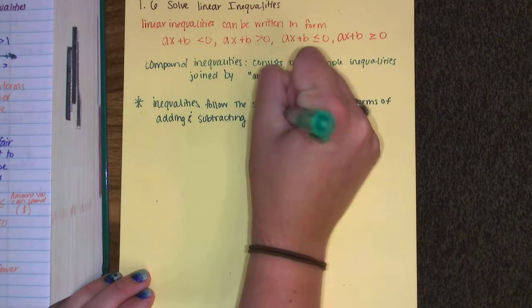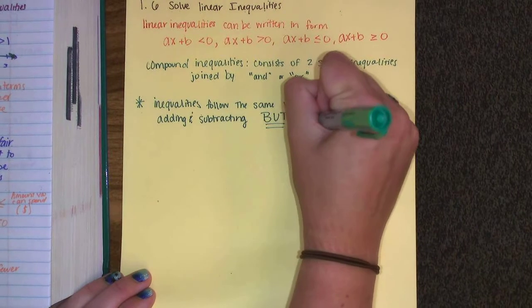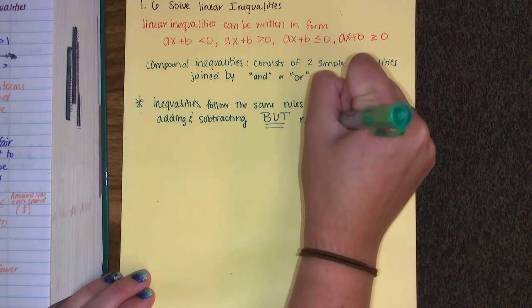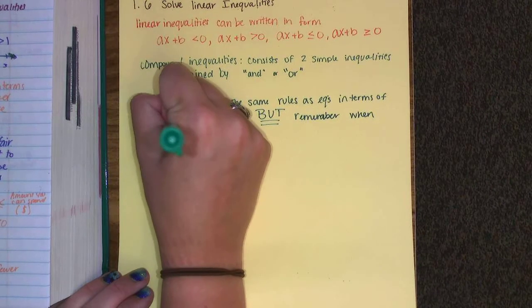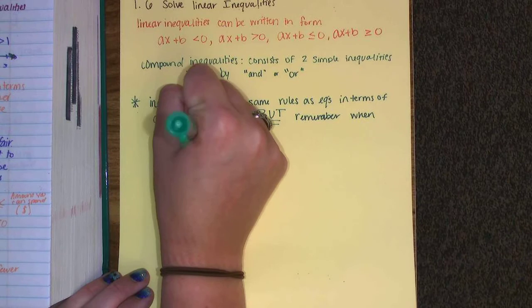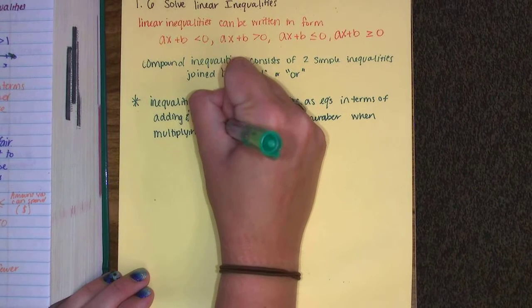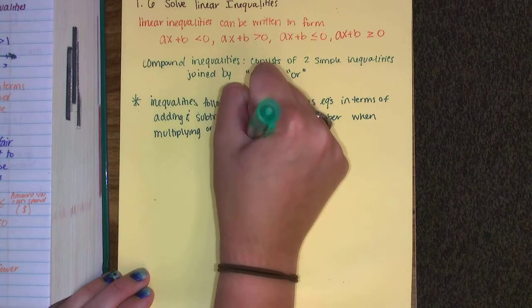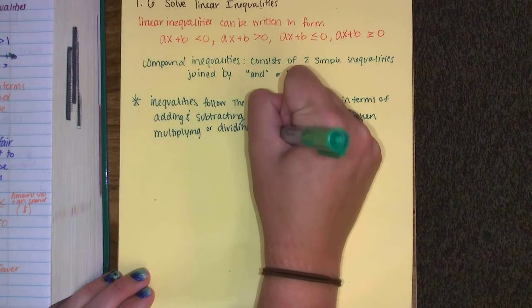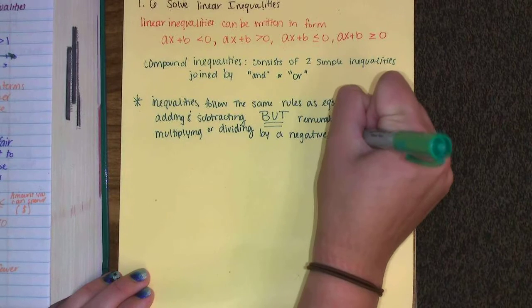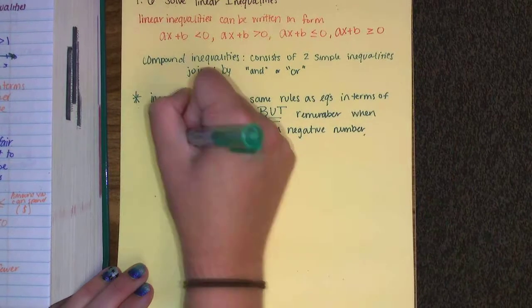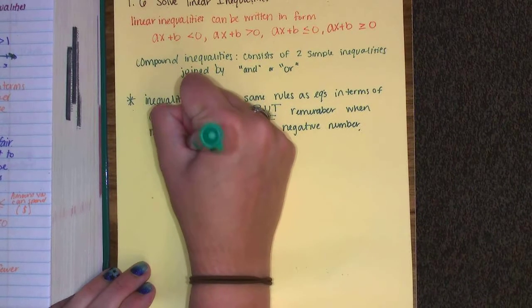But remember, when multiplying or dividing by a negative number, you must reverse the inequality.